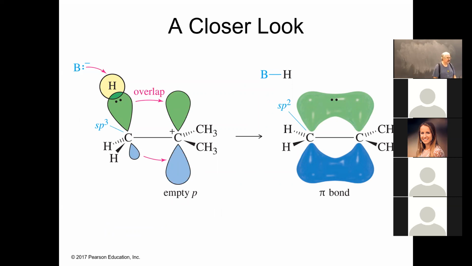Right, so after the heterolysis, or the halogen leaving, we have some overlap here between this sp3 orbital and the empty p orbital, which helps stabilize the transition state. And once the base removes this hydrogen, then you have the overlap occurring to form the pi bond.